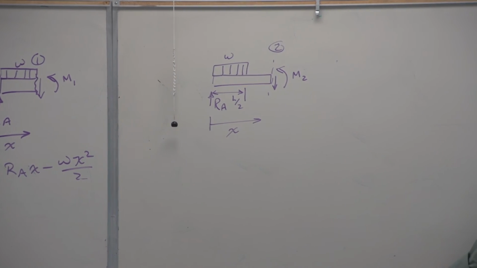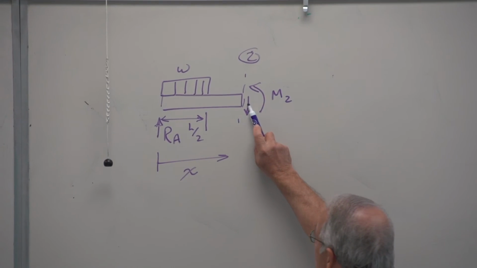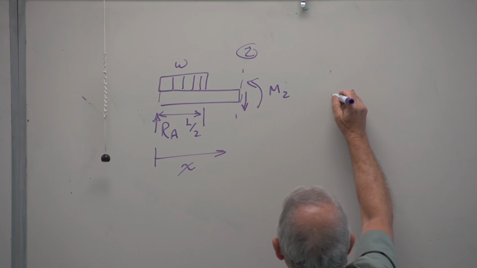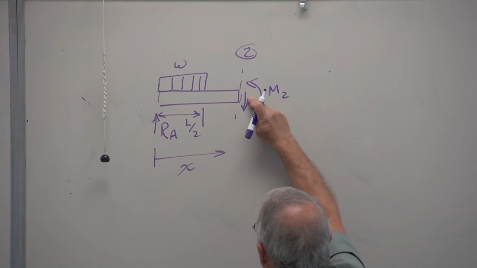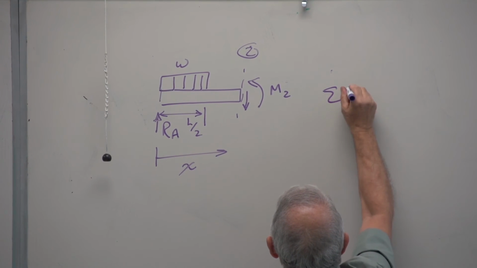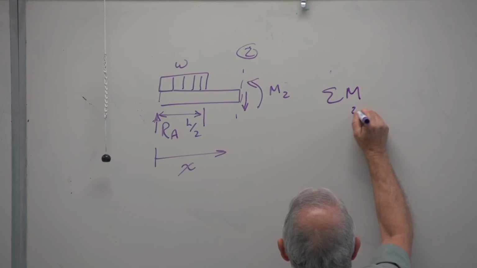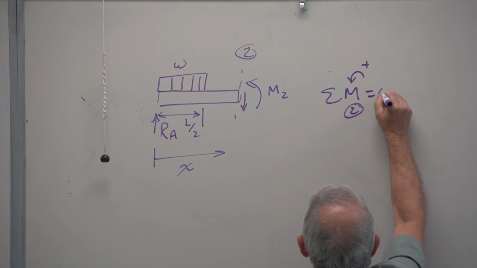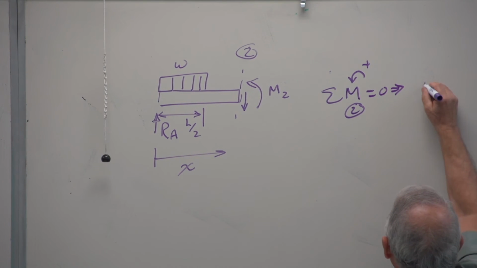And besides, when I do moment equations, I take moments about that point anyway, so the shear force drops out. So summing the moments about this point, moments about section 2, and assuming counterclockwise positive, will give me this.